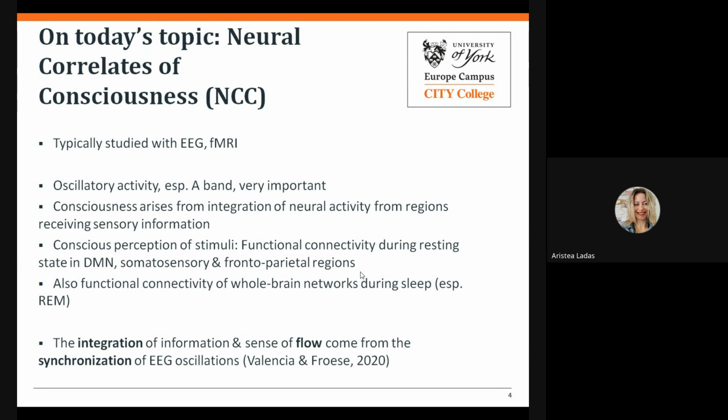The synchronization of EEG oscillations shows that integration of information out of which that sense of flow comes about. When you see the cognitive definitions of consciousness, one of them says that consciousness is what connects the past, the present, and the future all at the same time.